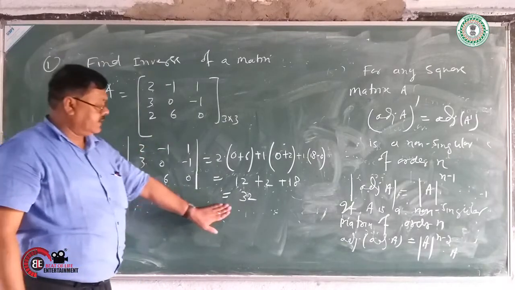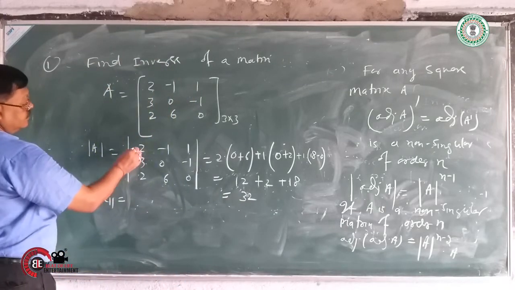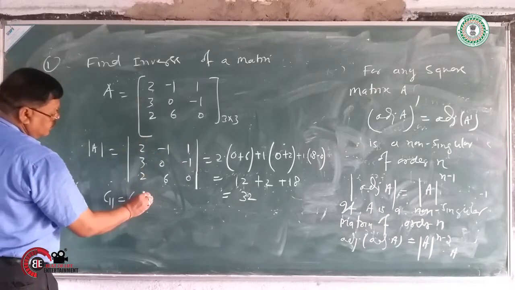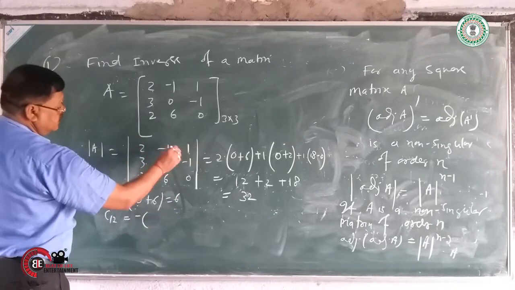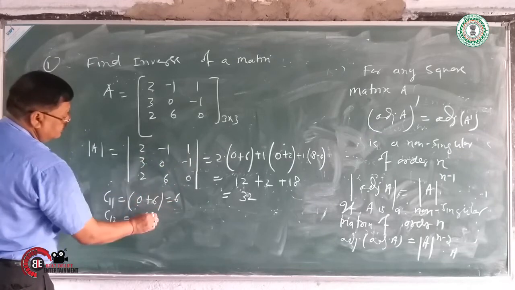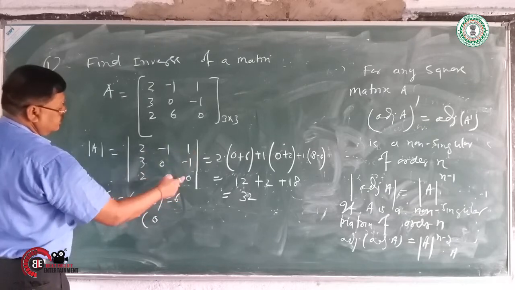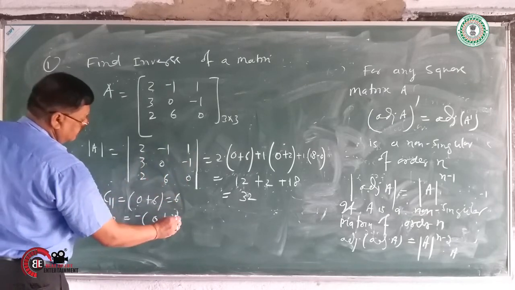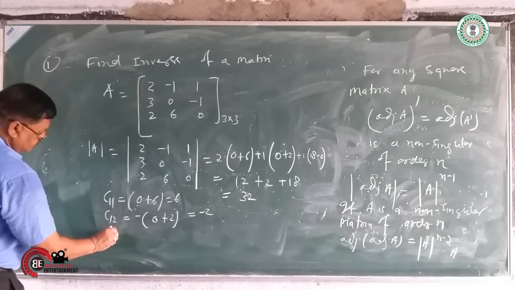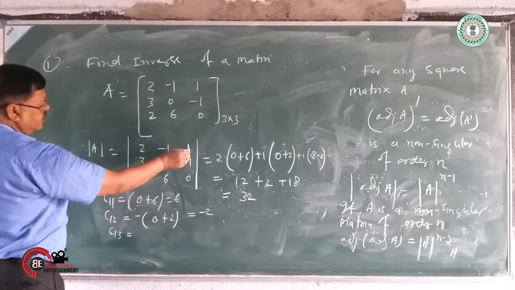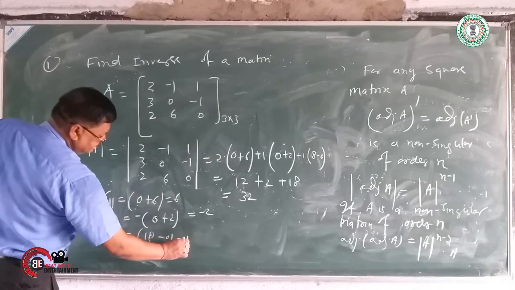Now we find cofactors. First C11: cancel this row and column, 0 plus 6, so 6. Cofactor C12: minus, 0 plus 2, so it will be minus 2. Cofactor C13: 18 minus 0, 18.